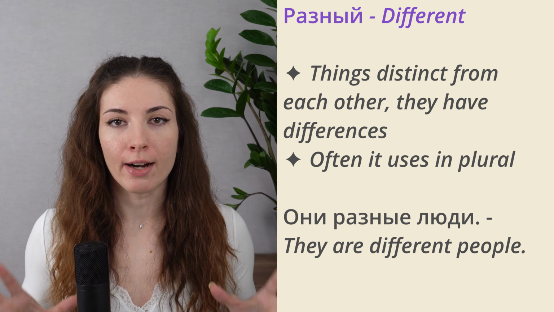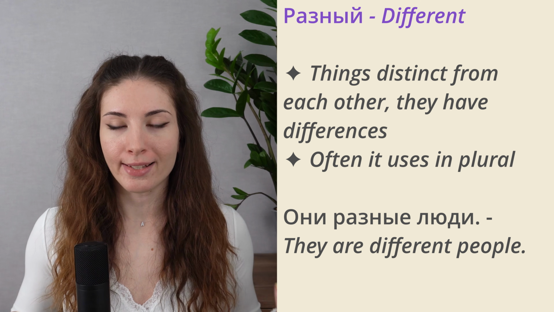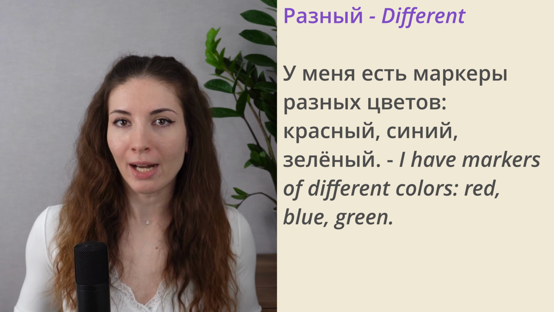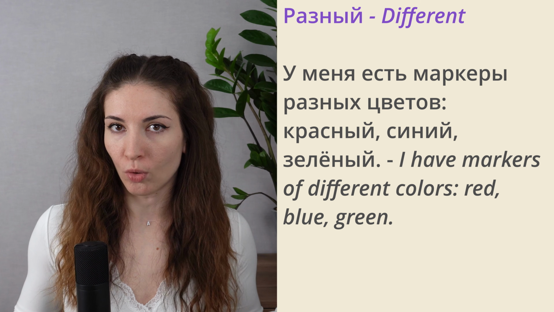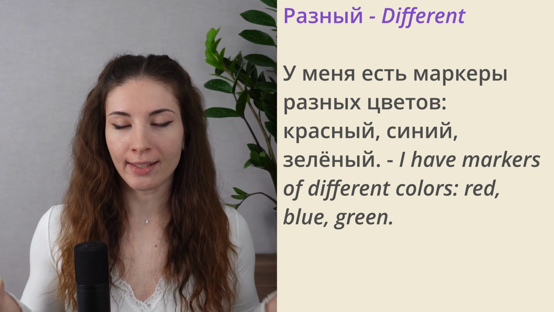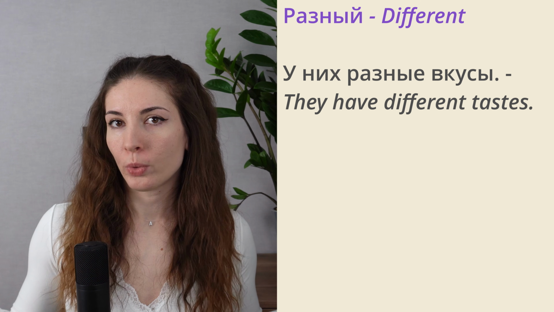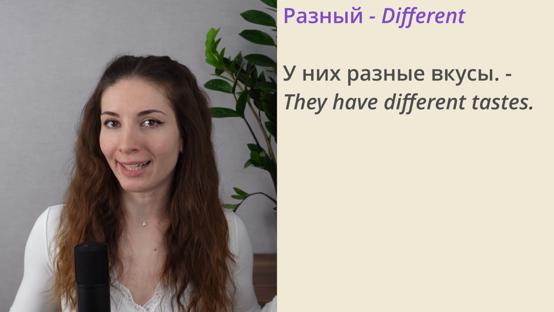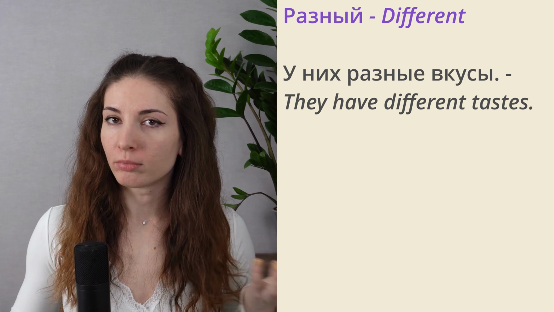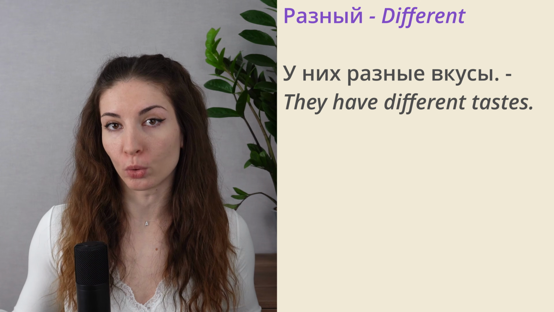Like, they are different people. Они разные люди. Or у меня есть маркеры разных цветов. Красный, синий, зеленый. Разные цвета. Also we can say у них разные вкусы. Разные вкусы. Again, it's all in plural.